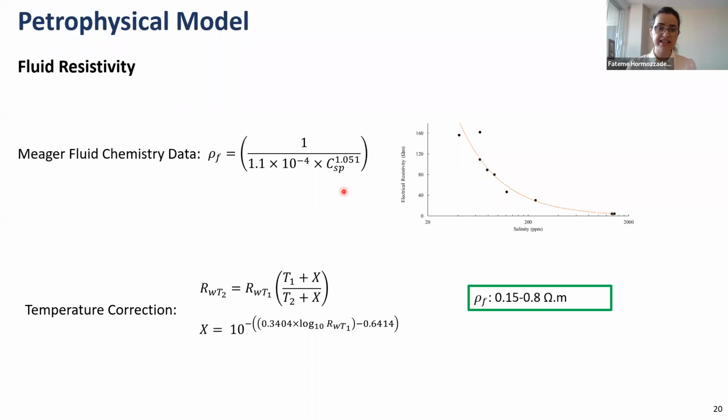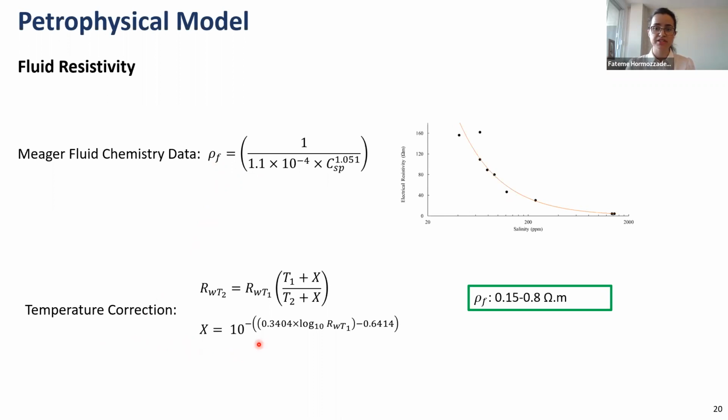Since we have salinity for a few boreholes, we can have an estimation of fluid resistivity for fluids in the boreholes. And also, we said that the electrical resistivity is related to temperature.